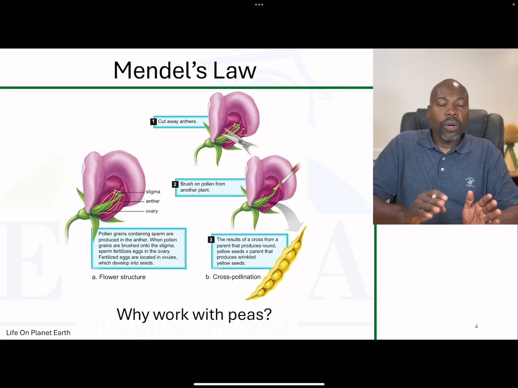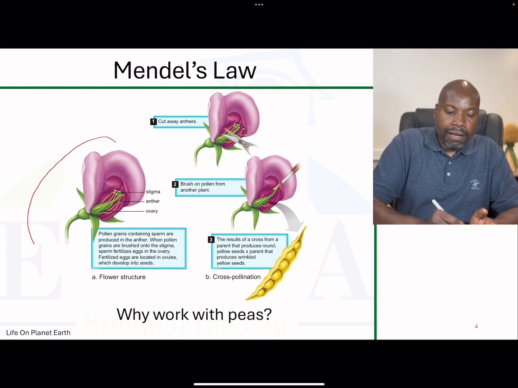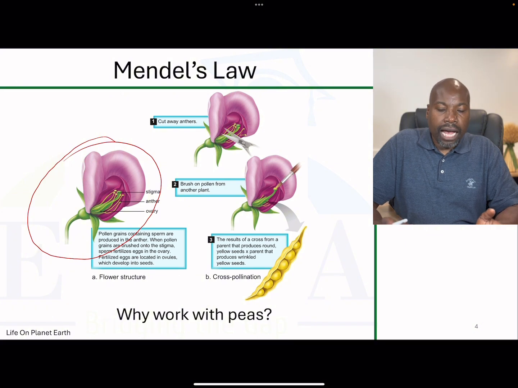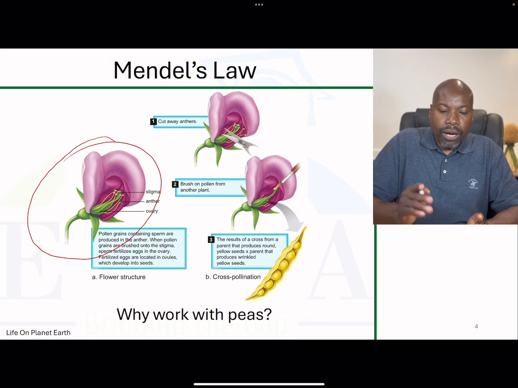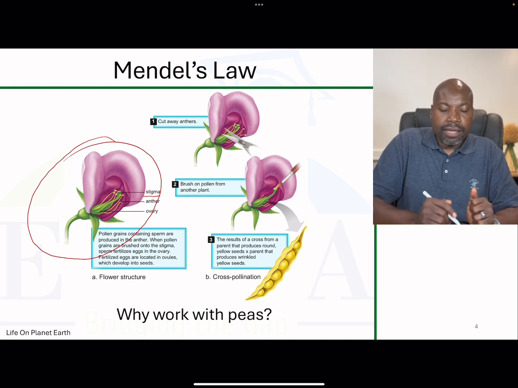Well, working with garden peas, here we have the flower, the typical flower of a garden pea. Now, you have the stigma, which is one part of the reproductive female organs in plants, and you have, on the other hand, the anthers that are yellow here.